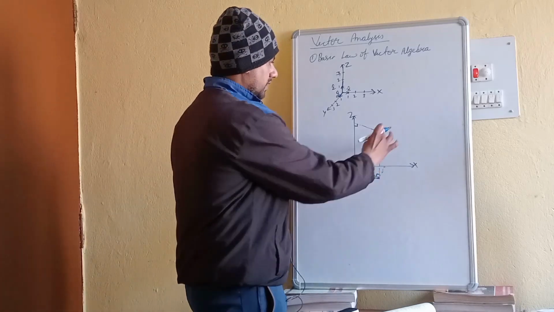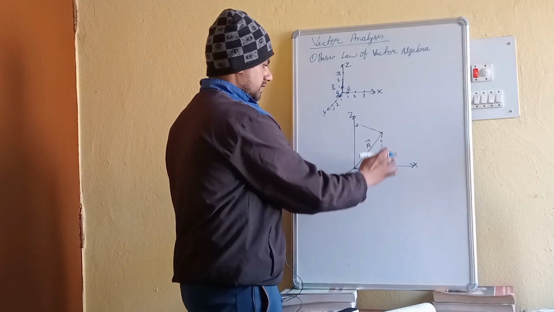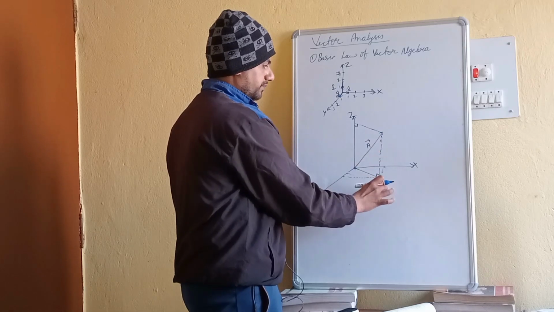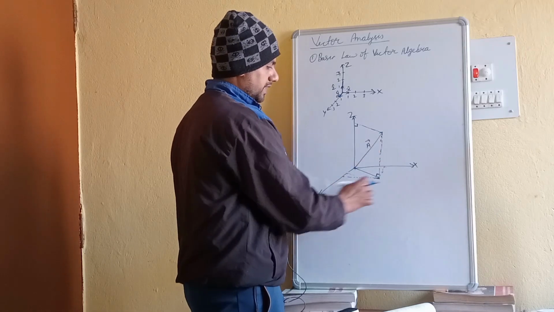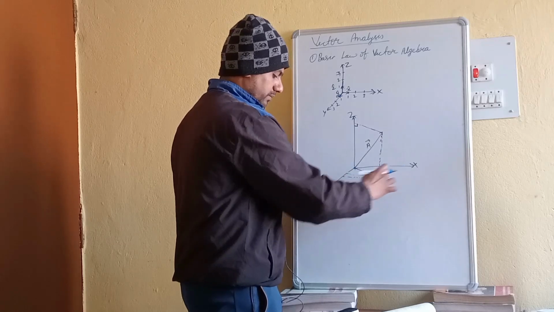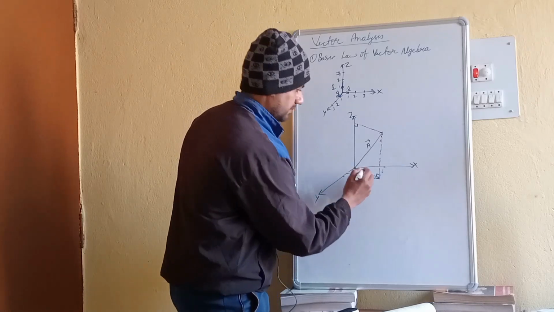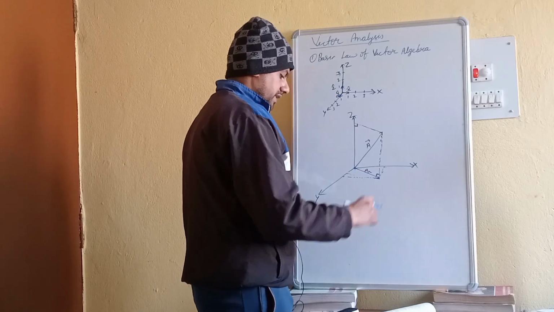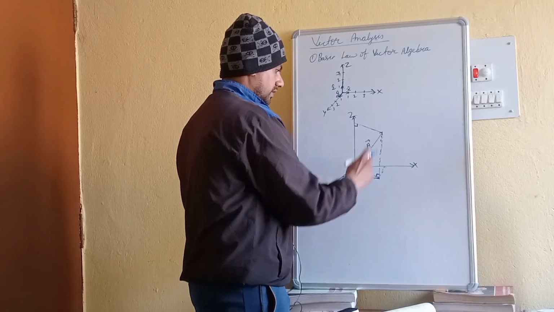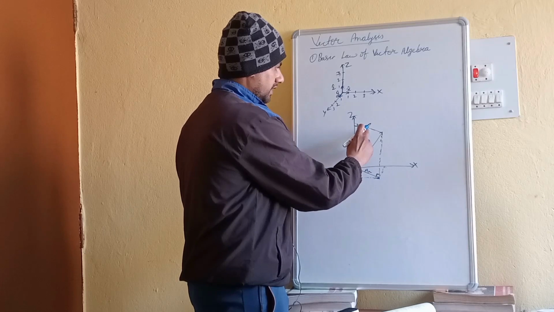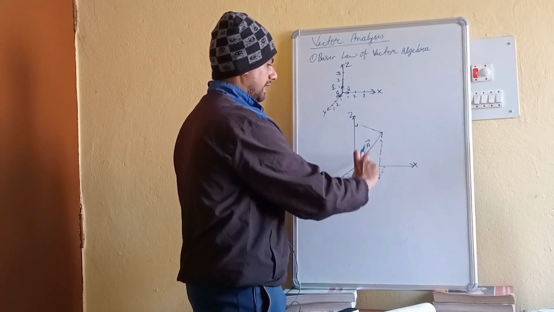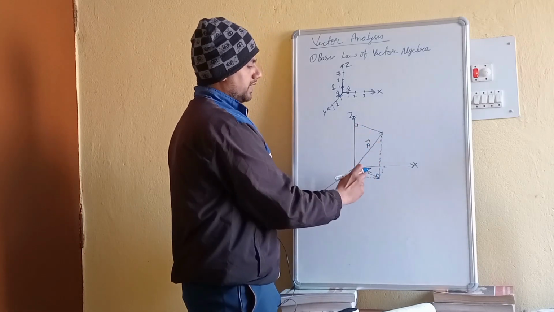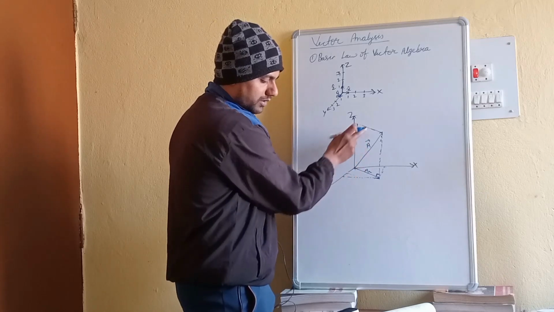Then whatever is the projection of vector A on the xy plane, that here I am representing by AR. And you can see AR and these two are parallel to each other.